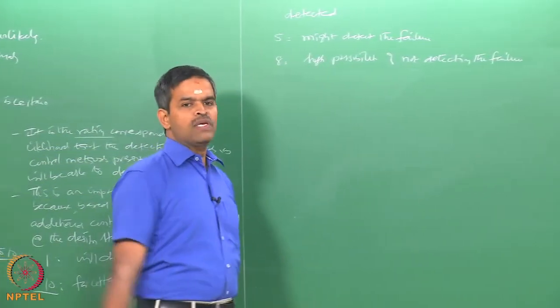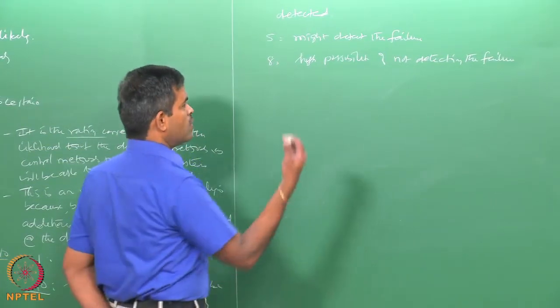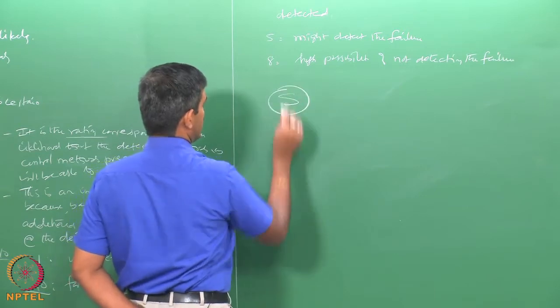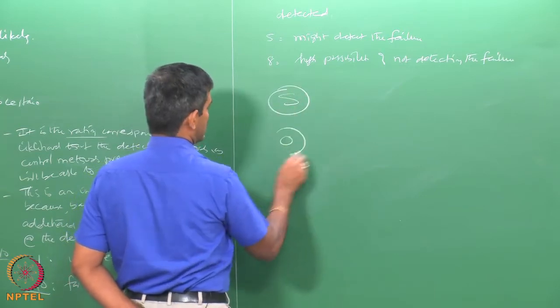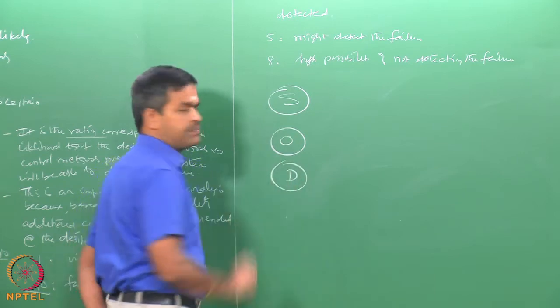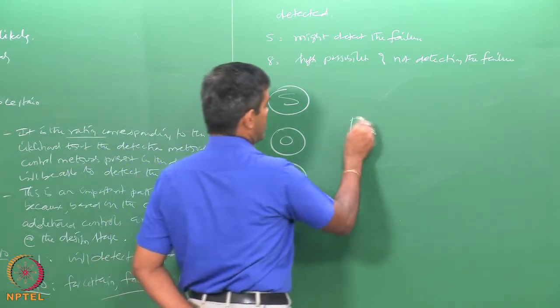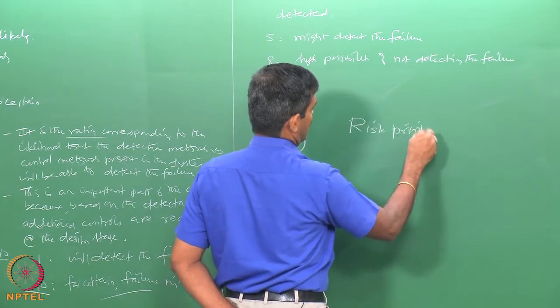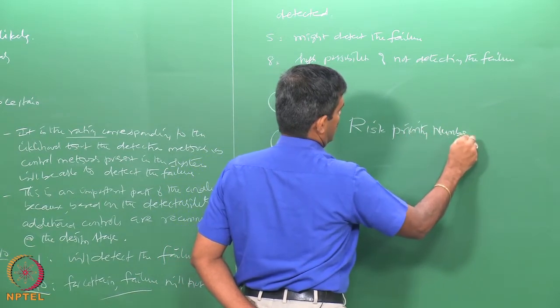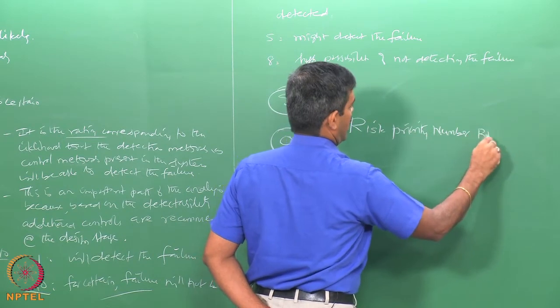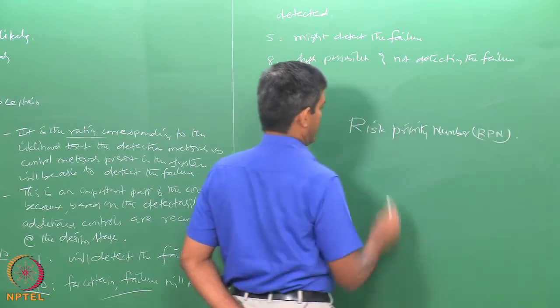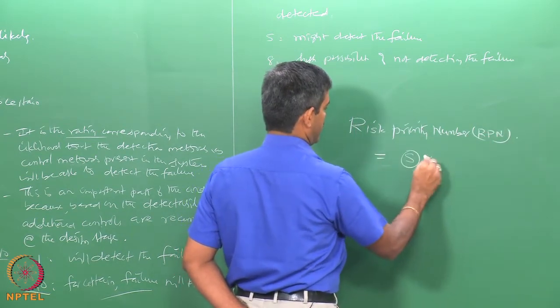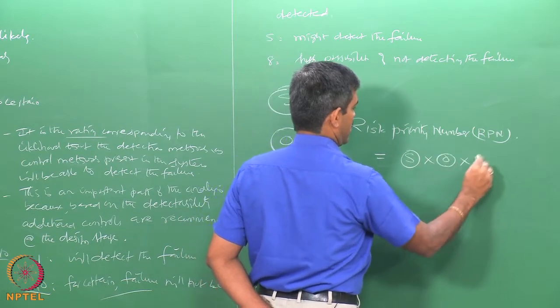So, depending upon this, we have got 3 factors now: severity, occurrence and detectability. Now, risk priority number, which I say RPN, is nothing but the product of severity, occurrence and detectability.